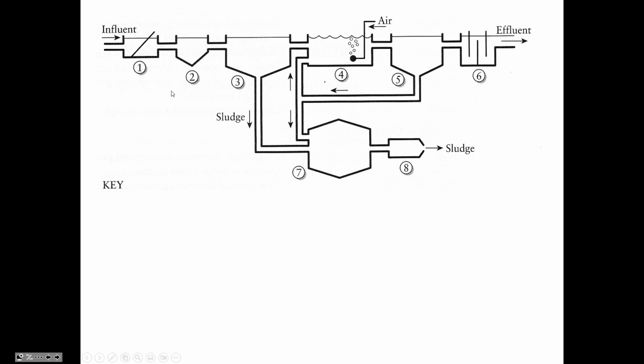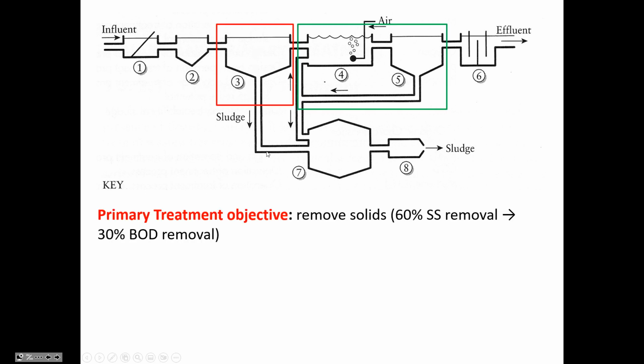What we're talking about today is primarily the first clarifier that exists in wastewater treatment. The clarifier generates primary sludge. And the primary treatment objective here is to try and remove anything that will settle to the bottom or anything that will float to the top that's not dissolved into the water.